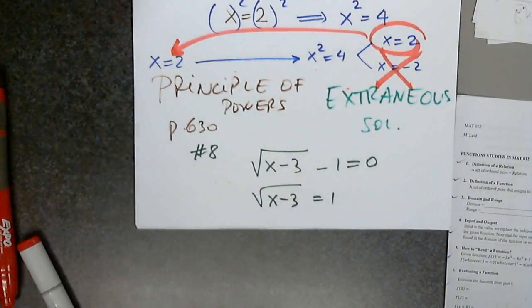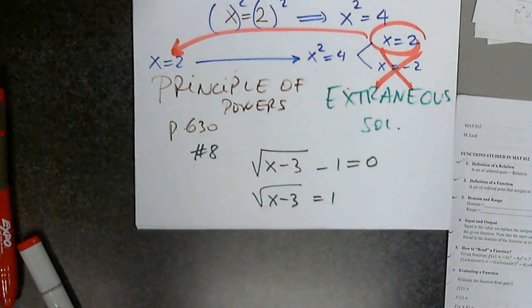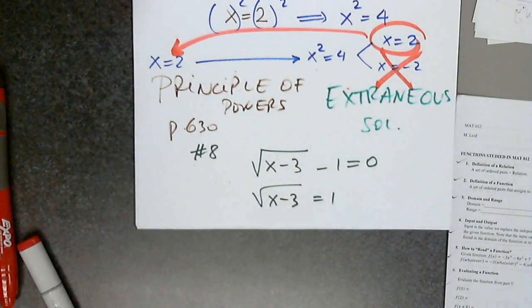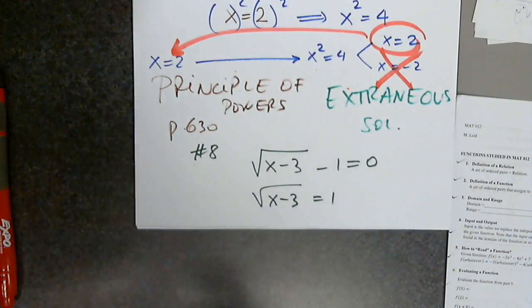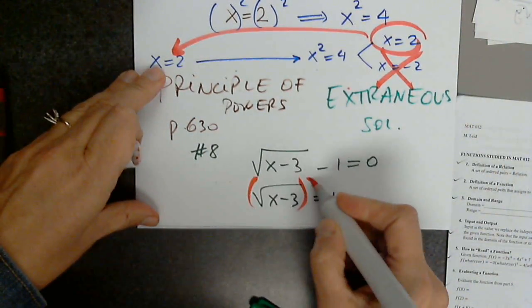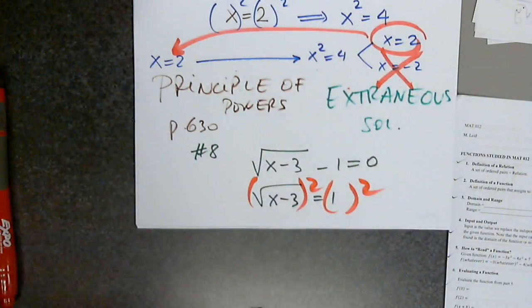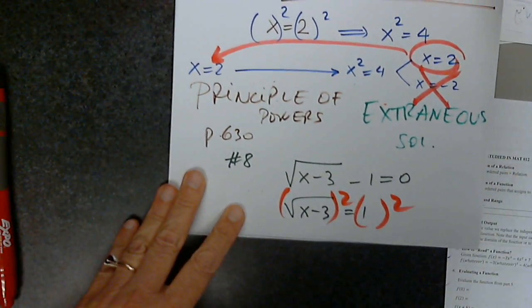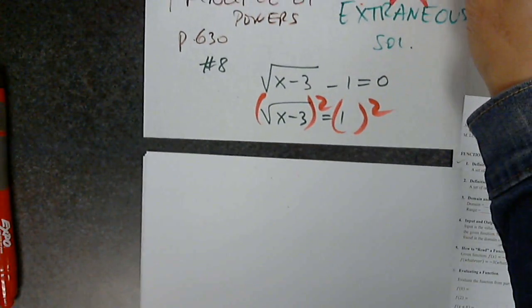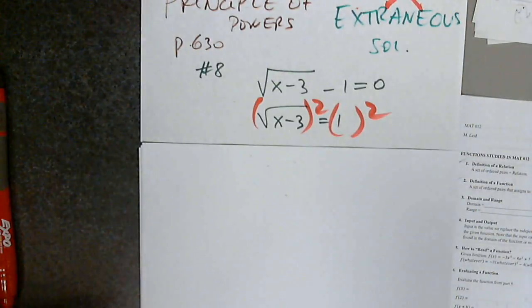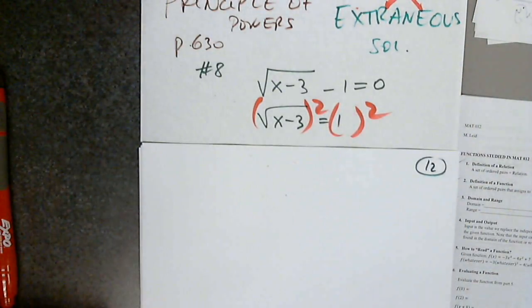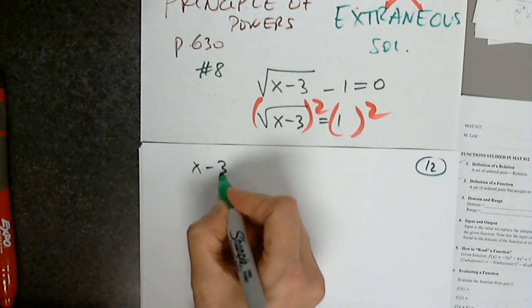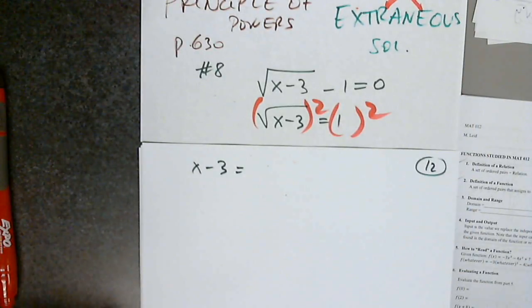Which power do I raise both sides to eliminate the radical? 2. Exactly. Because the radical is 1/2, I have to raise both sides to the second power. Excellent. Good. What do I get on the left-hand side? I know the result. When I square a square root, what do I get? What do I get on the other side?